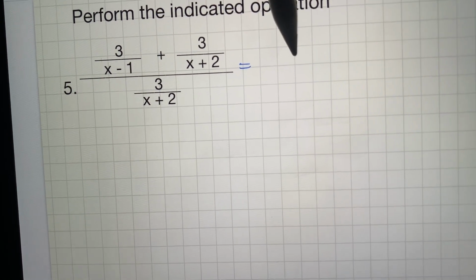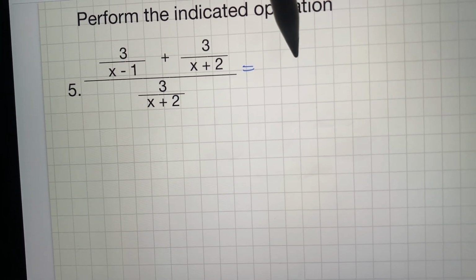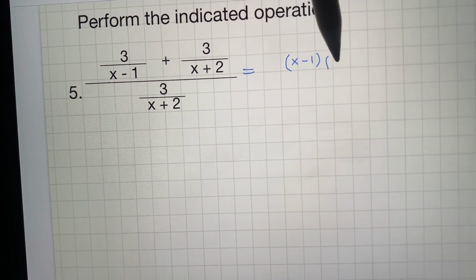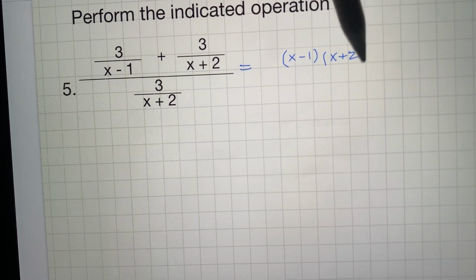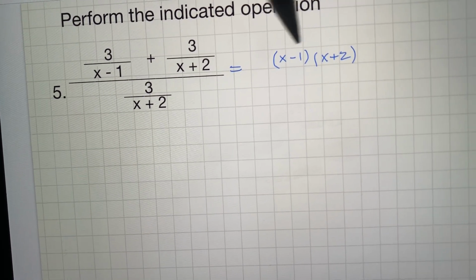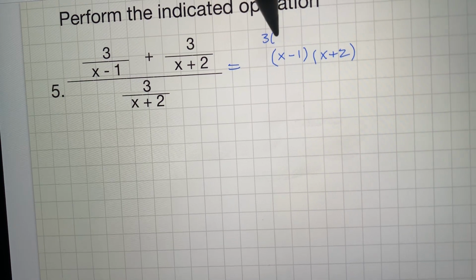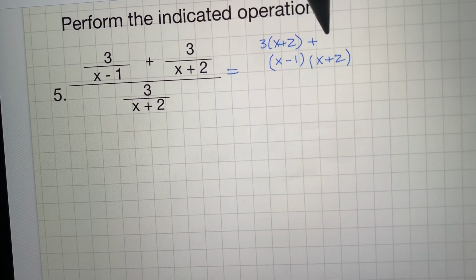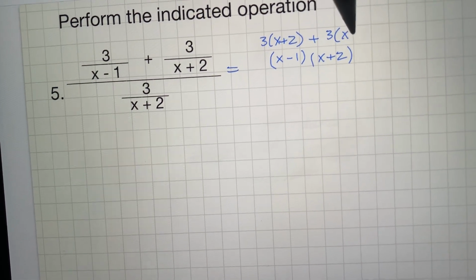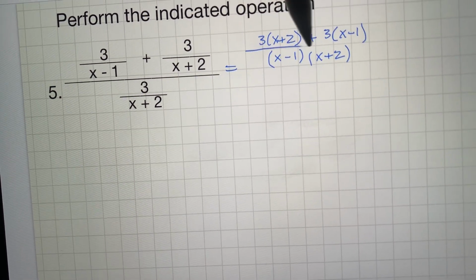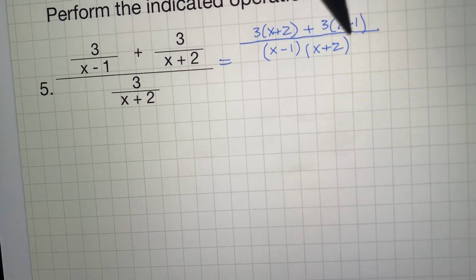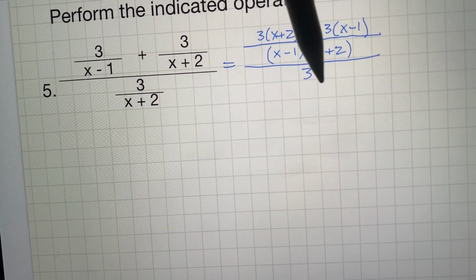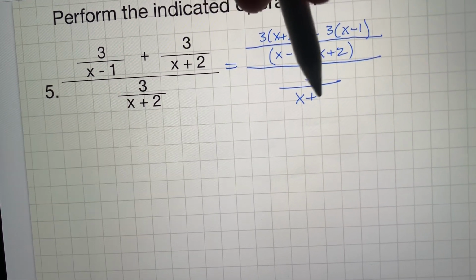In this case, the common denominator for the top expression is x minus 1 times x plus 2. So if I divide this, then it will be 3 times x plus 2 plus 3 times x minus 1. And I have to divide that by 3 over x plus 2.